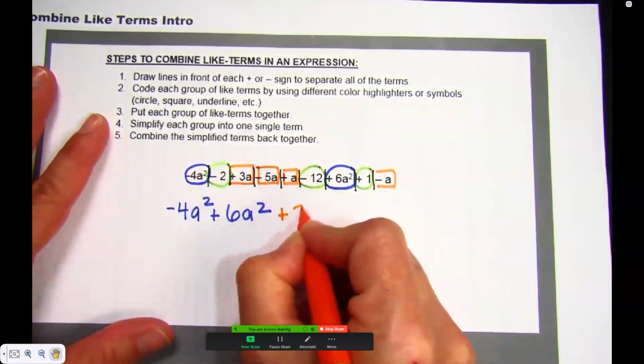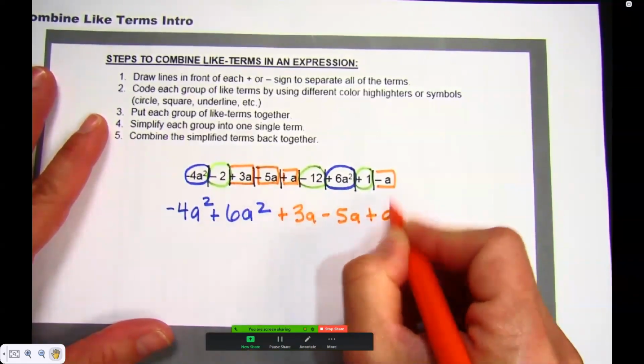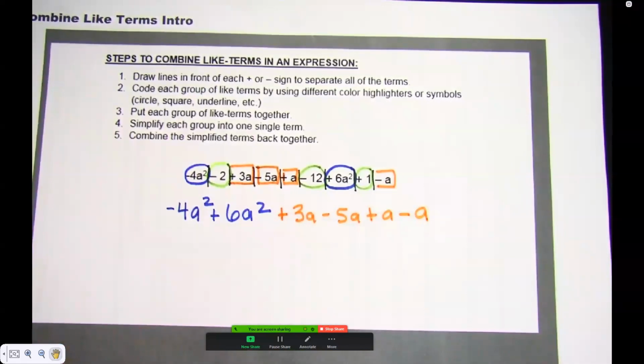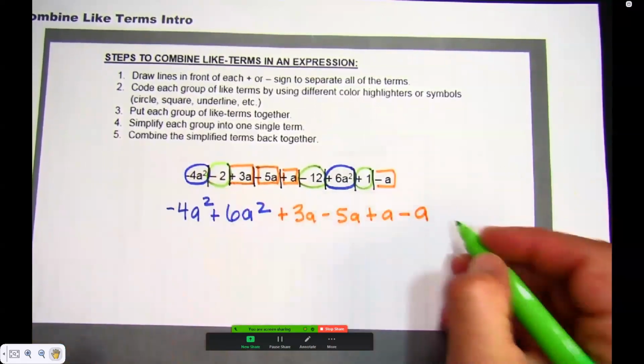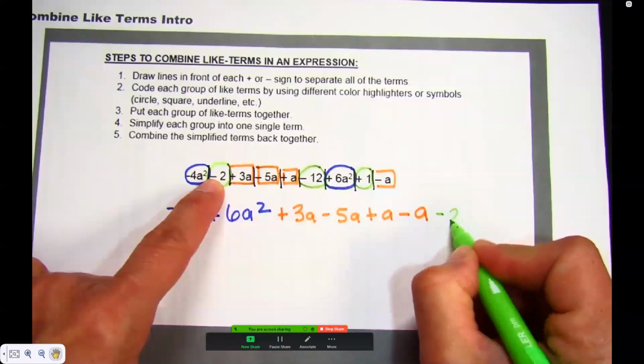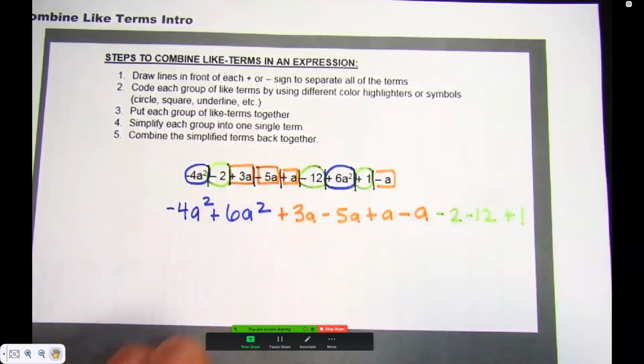So this is +3a minus 5a plus a, and then a minus a down there. Notice how it's all color coded. And then at the very last, we're going to put what I circled that didn't have a variable at all. So this is going to be a -2, a -12, and a +1.